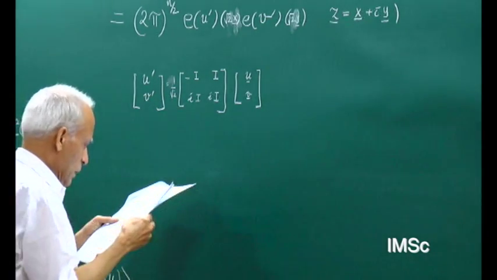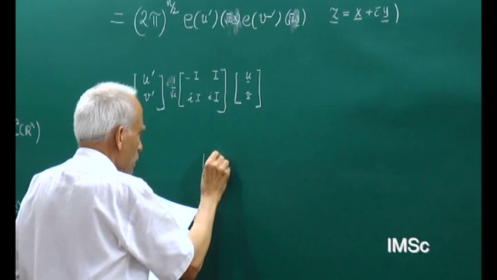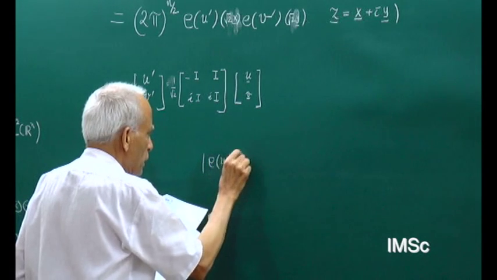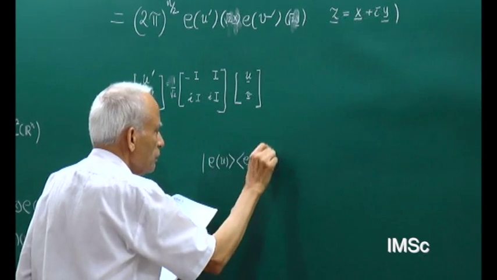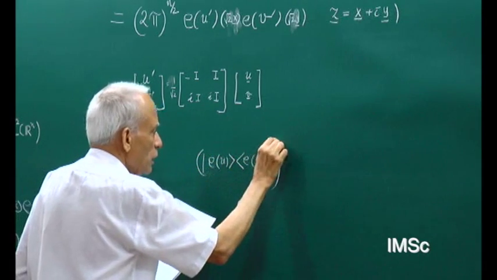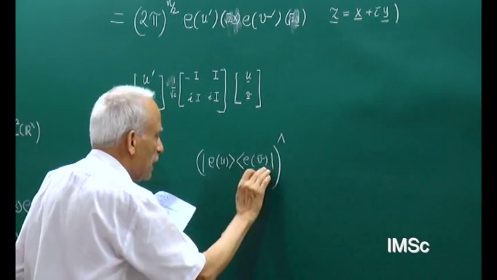Right? So, because of this, the Fourier transform of this operator, E(u) E(v) bar, is of trace class.